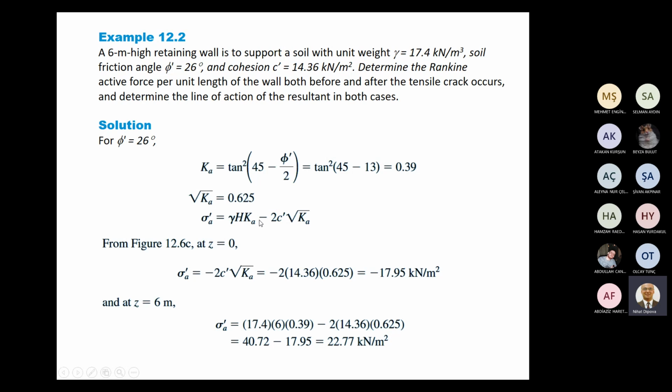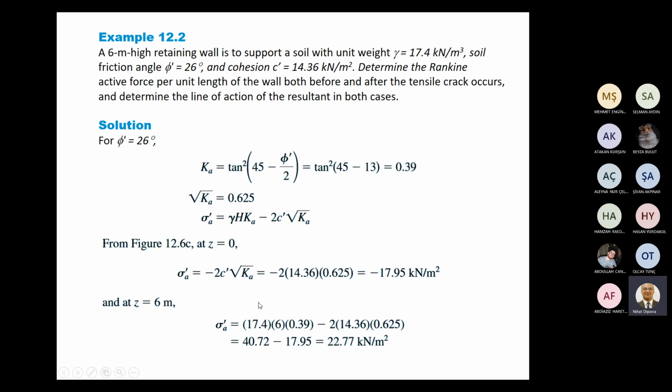We'll have only this component, but having a minus sign. Minus means the soil down to this depth will be under tension. The value is 17.95.